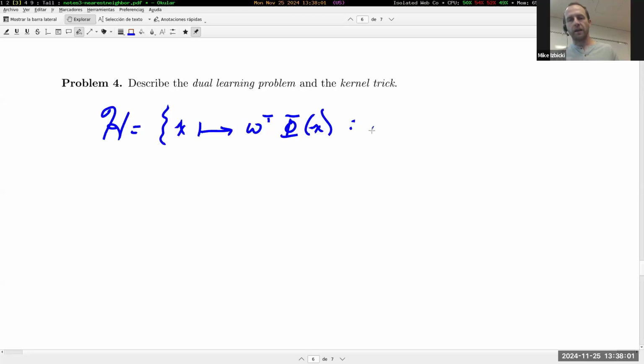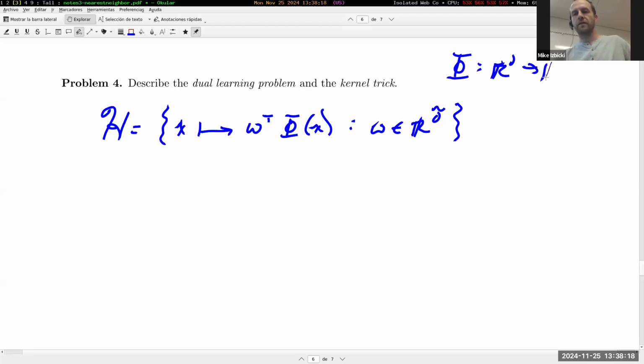And our w is contained in R to the d tilde, the d tilde being the dimension of our phi map, this phi function taking R to the d into R to the d tilde. So this is just our standard notation. Everything that I've written so far is standard notation for us, and I'm just reminding us of what that notation is.